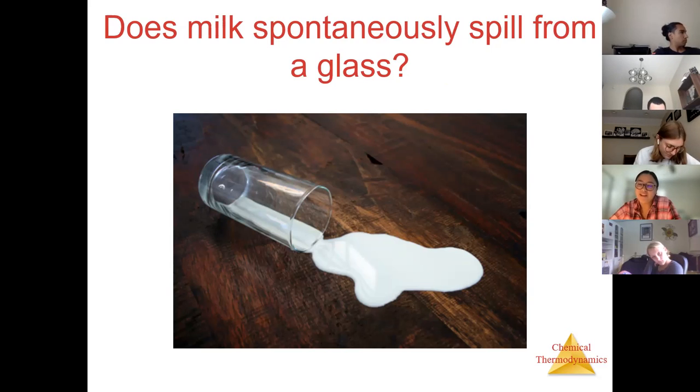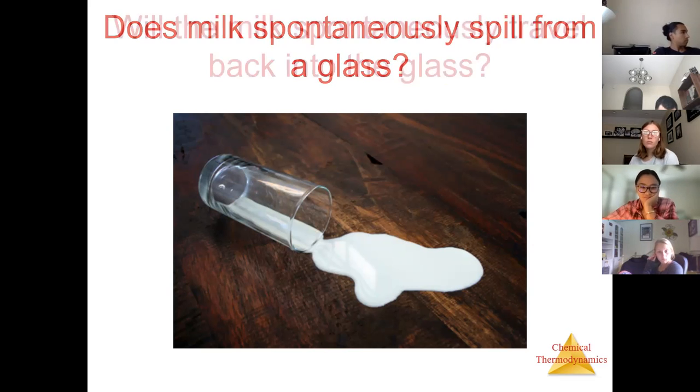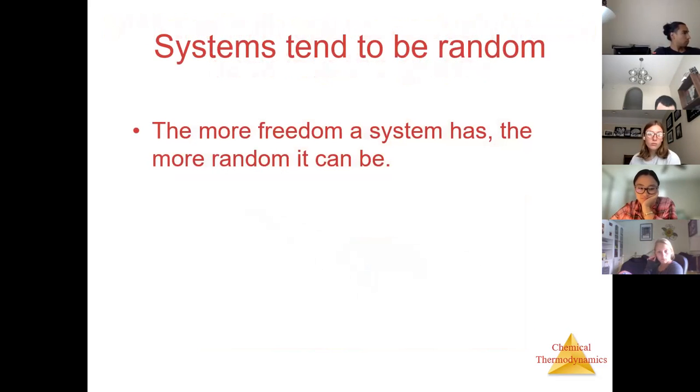No, I need to clean it up. Now, in which position does the milk have more freedom? Does it have freedom when it's constrained in the glass or when it is free to move on the table? Free to move on the table. So systems tend to be random. The more freedom a system has, the more random it can be. You have more freedom when you're up and standing than when you're sitting in a chair.